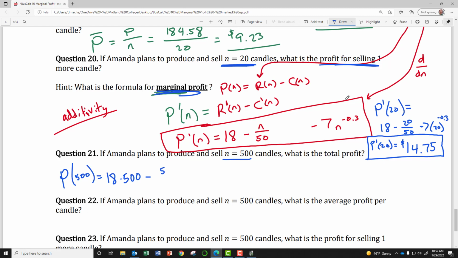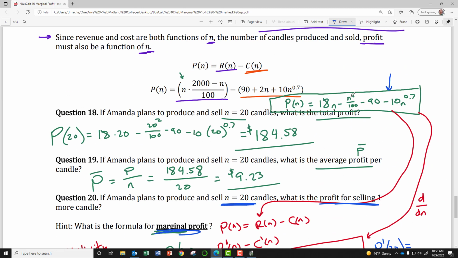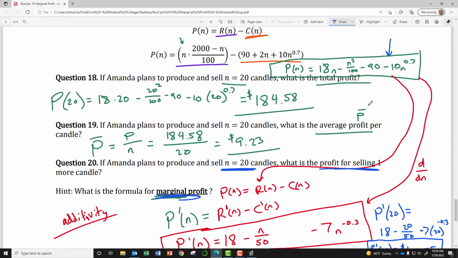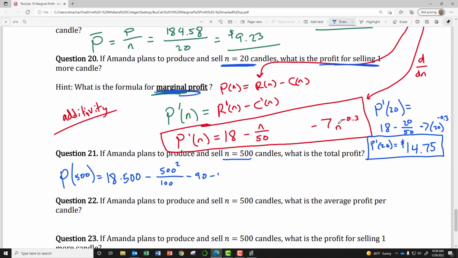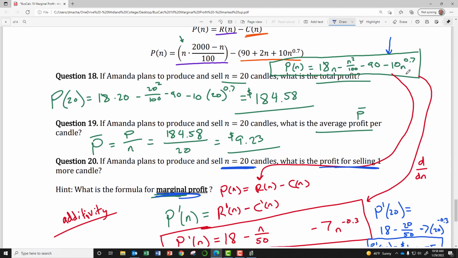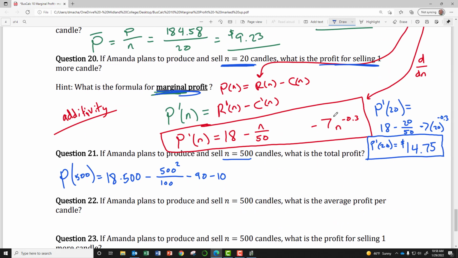So minus 500 squared over 100 minus 90 minus 10 times 500 to the power 0.7.